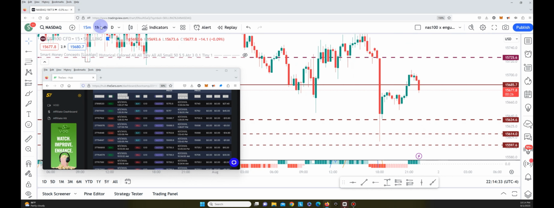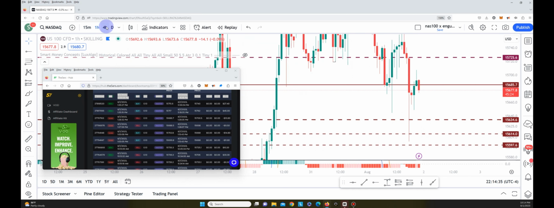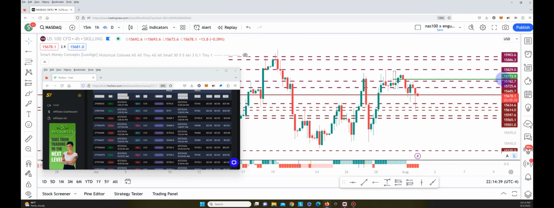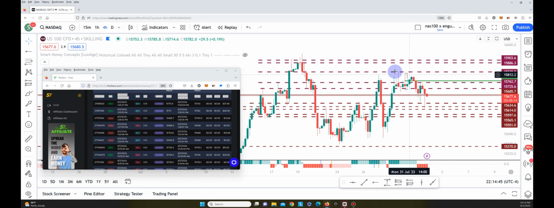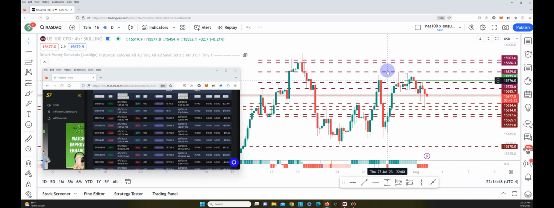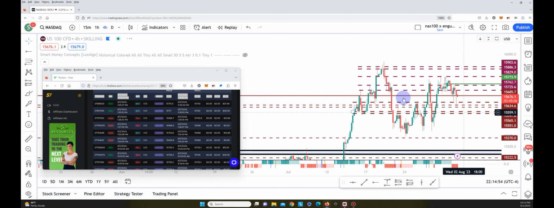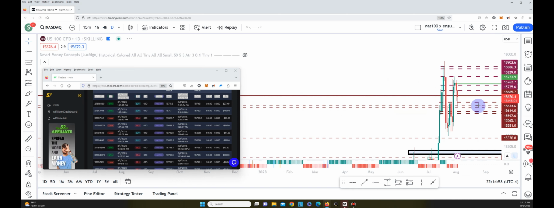So let's actually check higher time frames. It's looking bearish on a, yeah, I don't know, just because I've seen it react so much at this level, looking almost bearish. Let's see what the daily says.